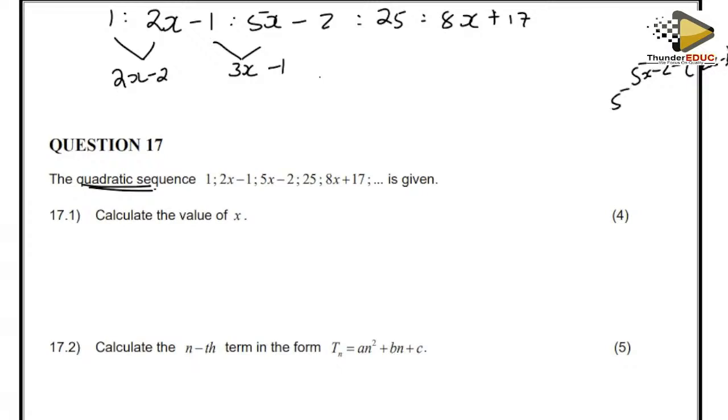So that's going to be 5x minus 2x, and minus 2 plus 1, which is 3x minus 1. Then I need to find 25 minus the whole of that. So that's going to give me 27 minus 5x.